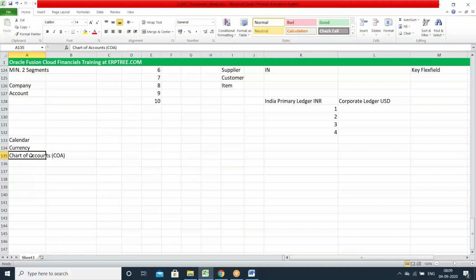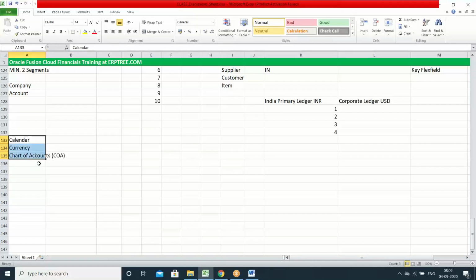With the help of calendar, currency, chart of accounts, we can record the transactions in the application. Whenever you record the transactions, we need three: calendar, currency, chart of accounts. If you look at these three components, every component is starting with a C. Calendar is starting with a C, currency is starting with a C, chart of accounts also starting with a C.